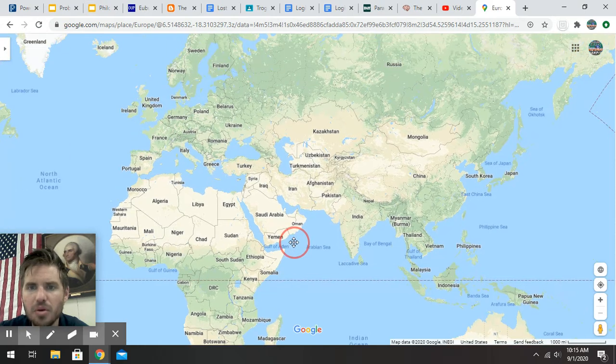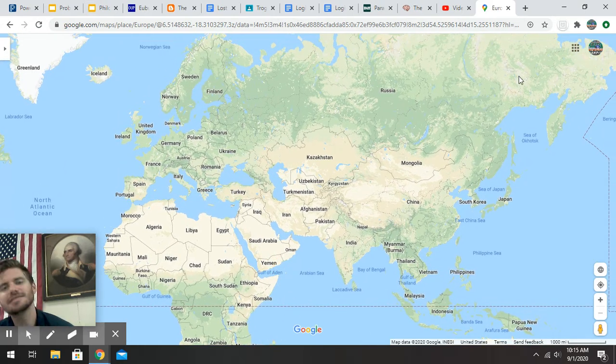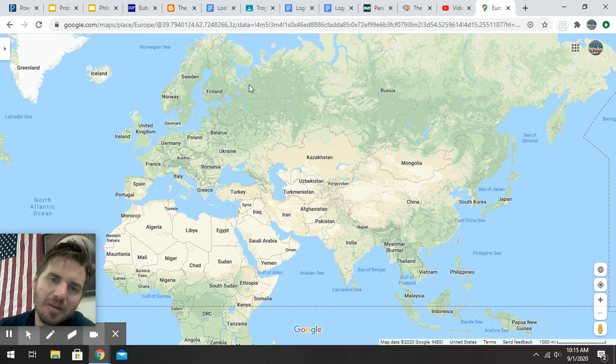We move to the east and we see this large landmass. Essentially, we're talking about almost all of Russia. There are some parts of Russia that are actually in Europe, but if we were just cutting a line right here, all of this over here is Asia.